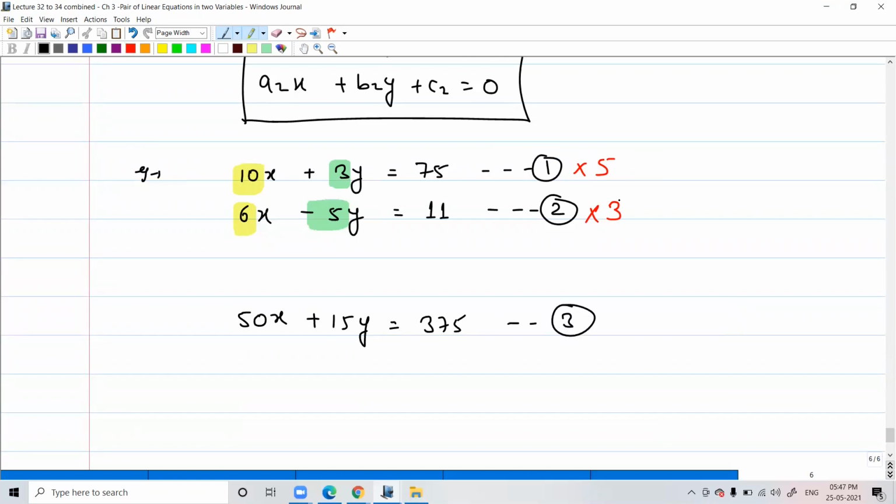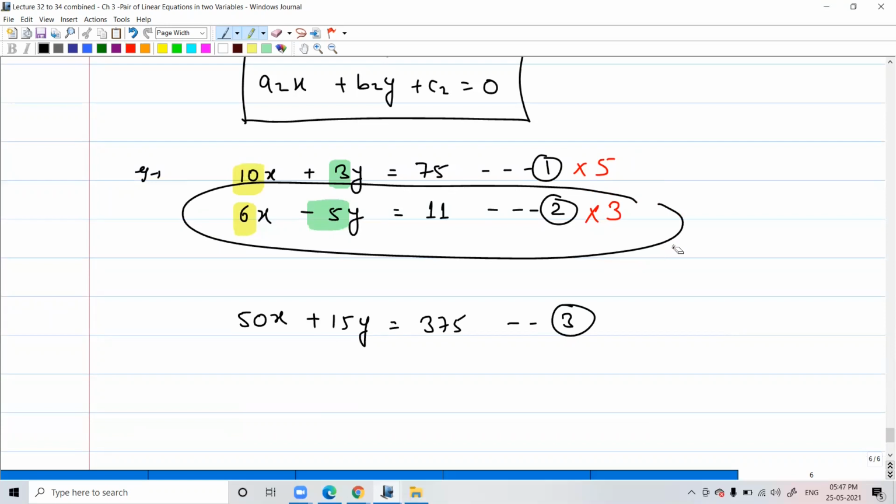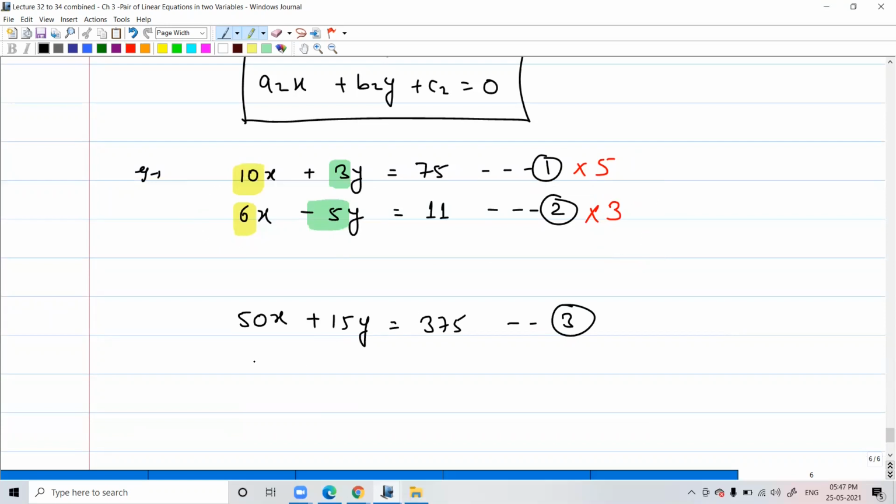And then what is the second equation after multiplying 3? Tell me, guys. 18x minus 15y is equal to 33. Yes, very good. We multiplied 3 to all the three terms here. Okay, and now we're going to call it the fourth equation.